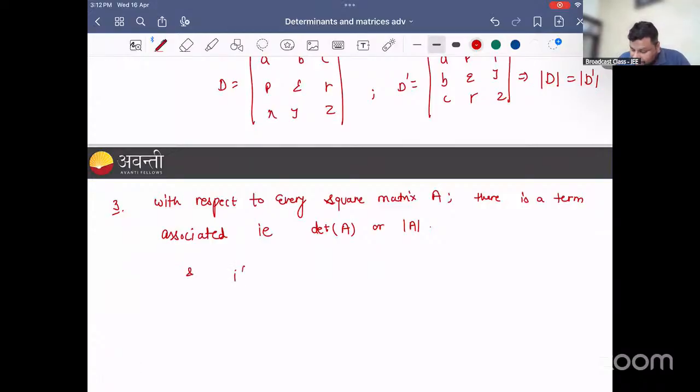And if determinant of this matrix is 0, what do we call it? We call it singular matrix.